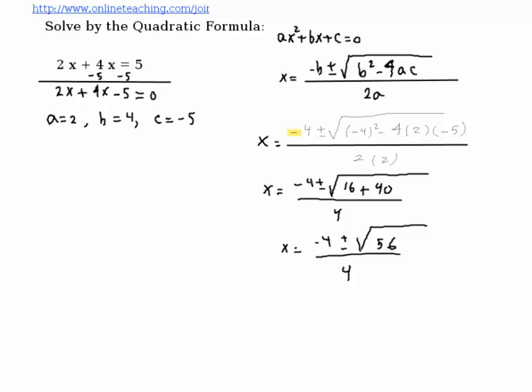56. We need to break 56 into prime numbers so you can simplify that. What's the smallest prime number that goes into 56? That's 2, right? What's half of 56?